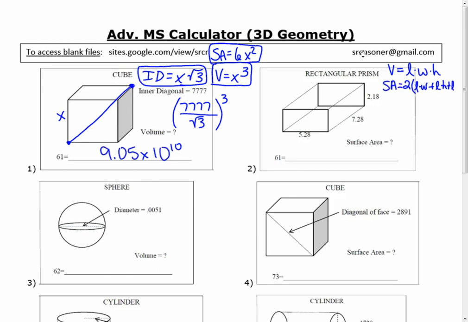Nope, we already have length twice. I already forgot which ones I'd used. We want width times height. So that's a little bit hard to read. We're doing 2 times length times width, plus length times height, plus width times height.